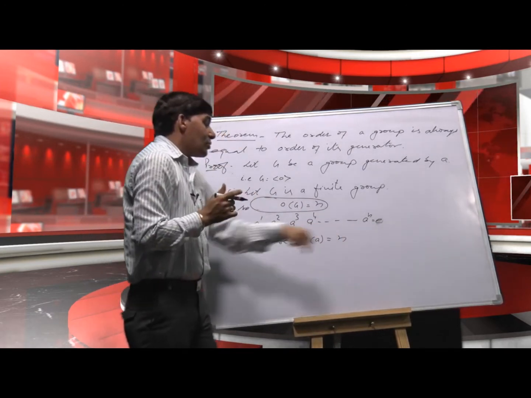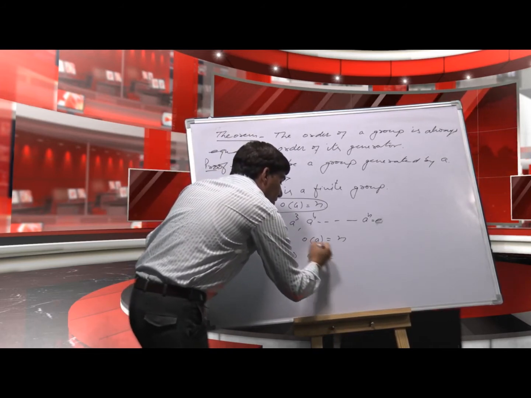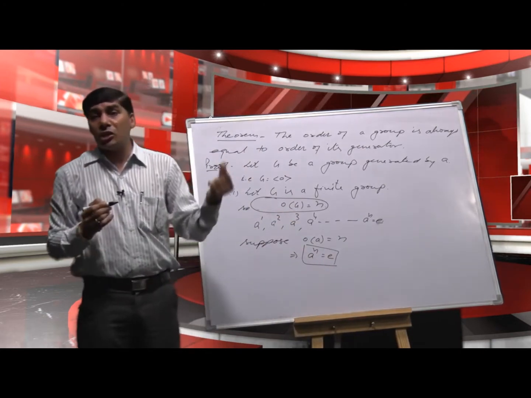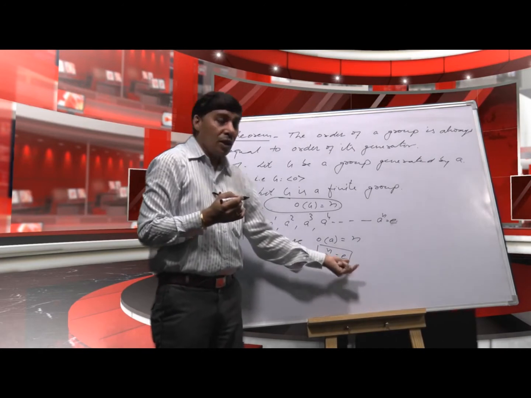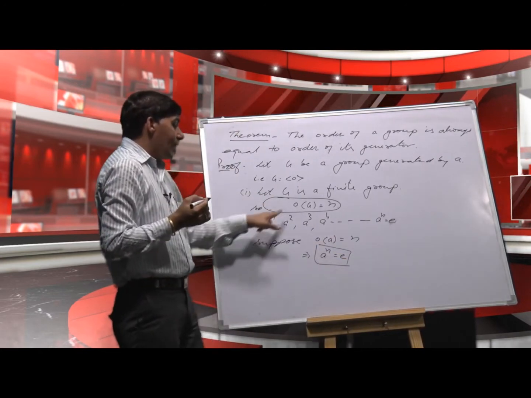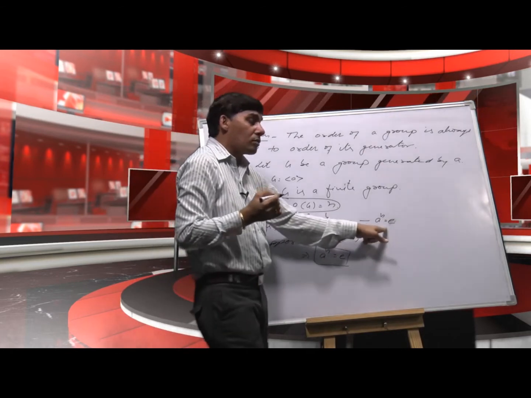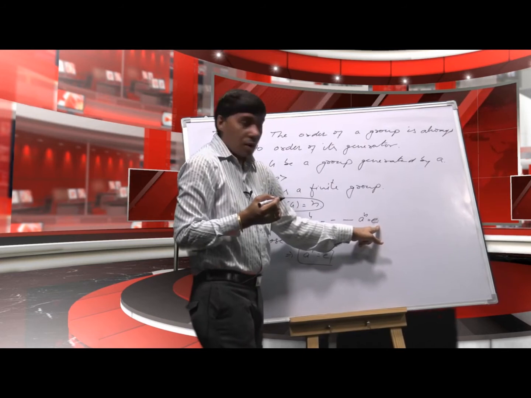Order of a is equal to n. This implies a raised to power n is equal to identity, by the definition of order. There exists a least positive integer n such that a raised to power n is equal to identity. So we write a, a squared, a cubed, a to the 4, a to the 5 and so on, a raised to power n is equal to identity.